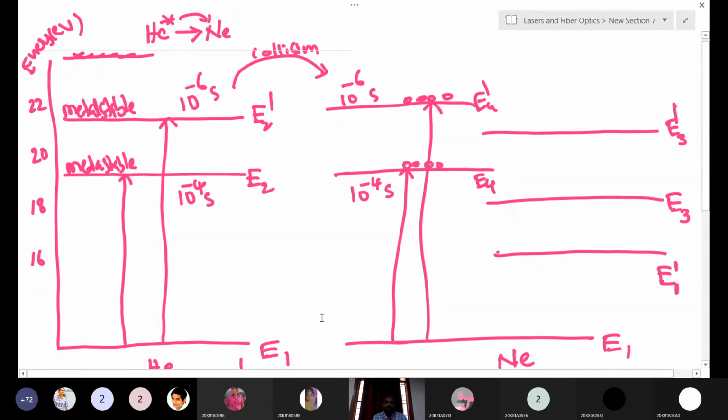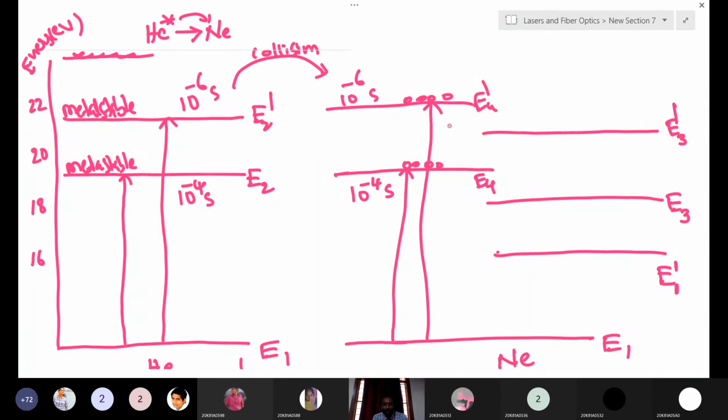So first we give energy and send the helium atoms to excited states, and these excited helium atoms collide with ground state neon atoms. Once they collide, they exchange energy, and the neon atoms get sufficient energy and move to the higher energy levels.